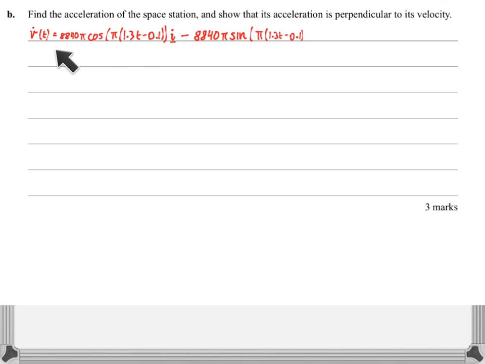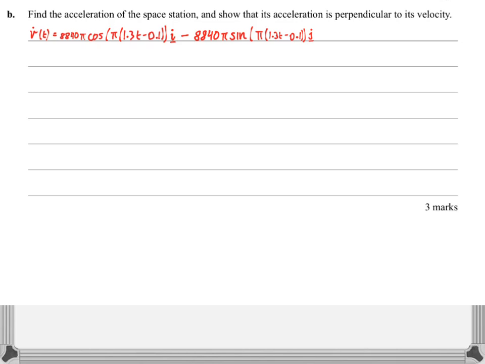It's easier not to substitute in and evaluate 3.1 and so on for pi. Just use a full multiple of pi, and take this 1.3 times the 6,800 in your position vector to get this value, and just work in whole numbers. So there's your velocity vector.